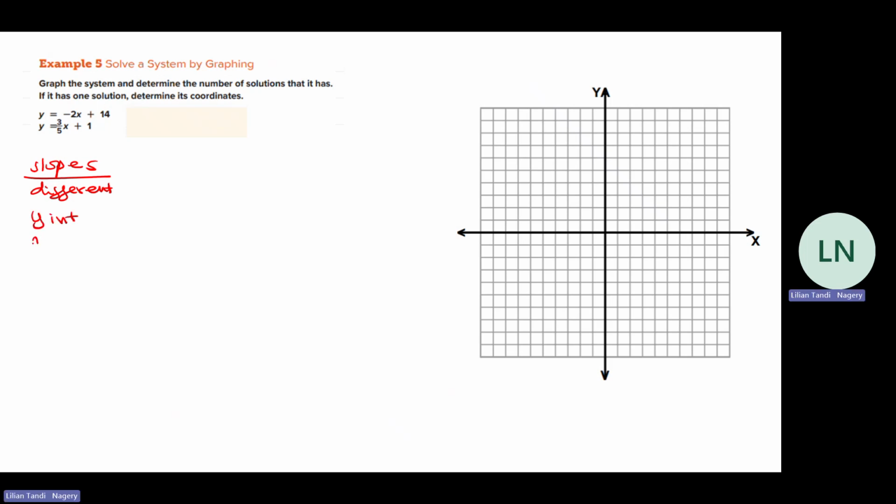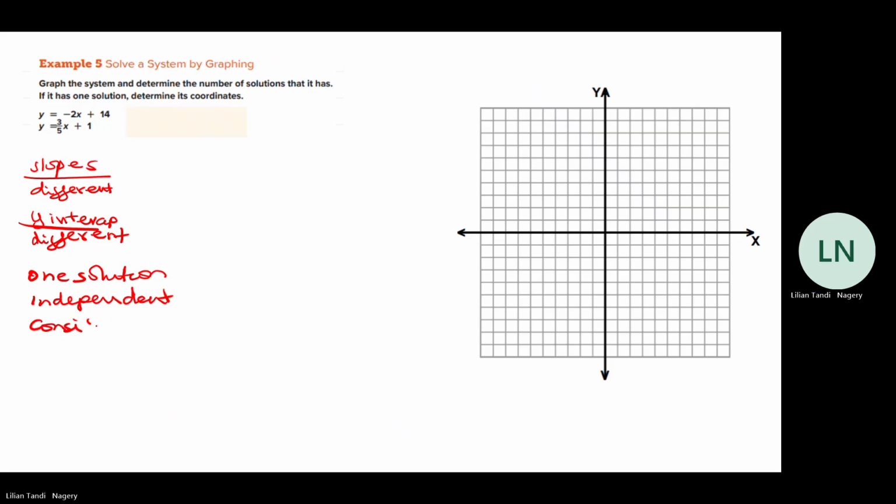So my answer will be, when slopes are different and y-intercepts are different, my answer will be one solution, independent, and consistent. Okay? That's how I know.